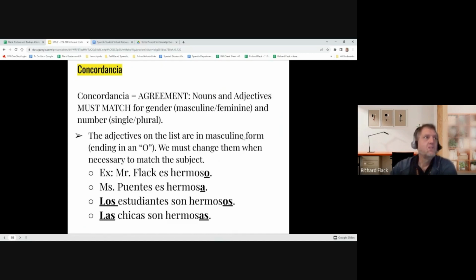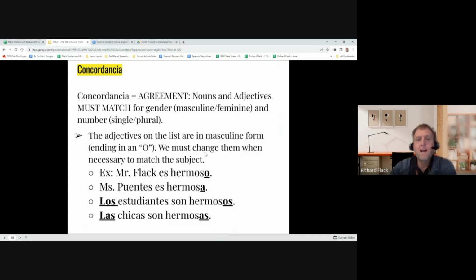All right, we need to remember again our friend concordancia, agreement. Our nouns and adjectives must match for both gender, masculine and feminine, and number, singular and plural. So the adjectives on the list that had a masculine form ending in O, we have to change them to A if we're applying them to somebody who identifies as female.